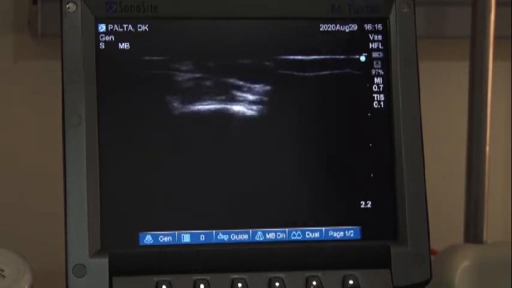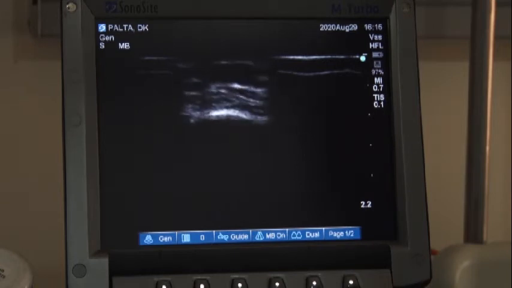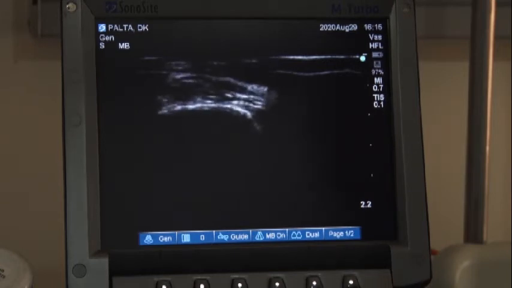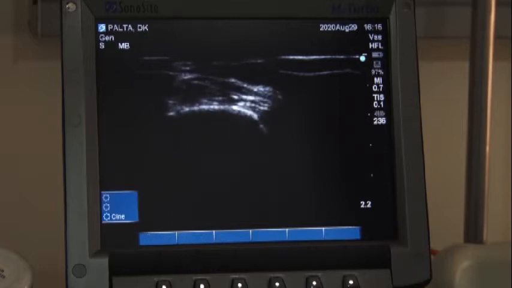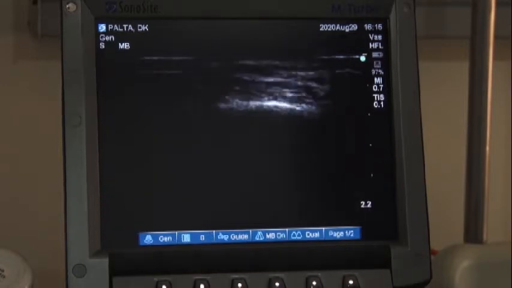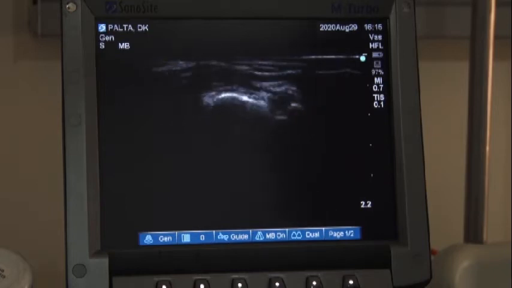Here the vein was 4.2 mm. It's around 4 mm vein, and from there I will screen in the transverse section.